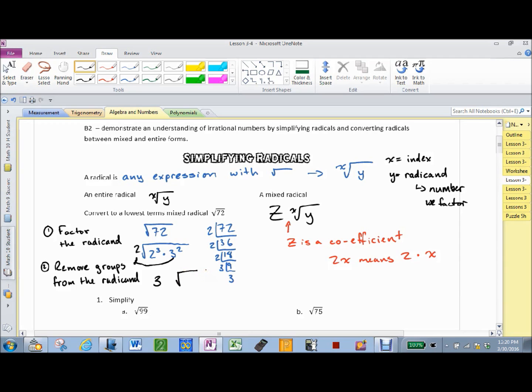Yes? Is there another group of 2 in there? Yeah. Where? In the 2s. There's 3 2s there, right? Can I take 2 of them out? So I'm going to bring a 2 out. Did I leave anything under there? 1 2.